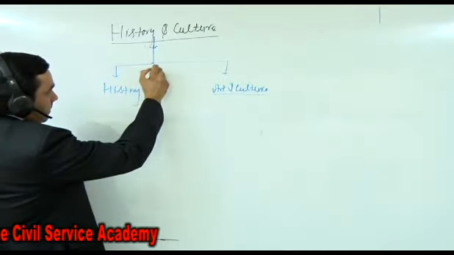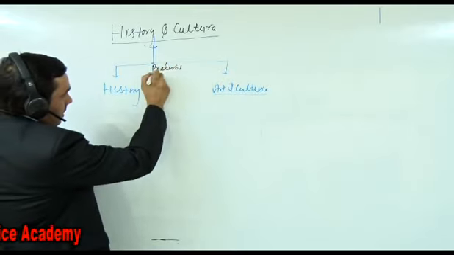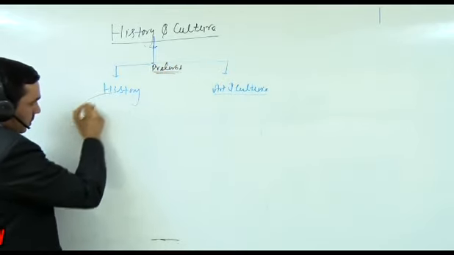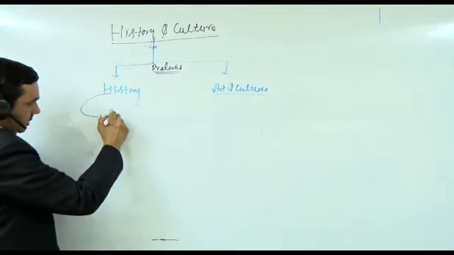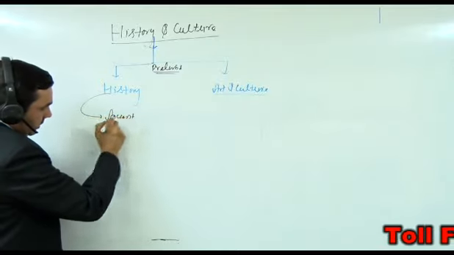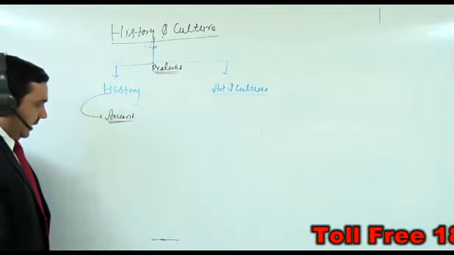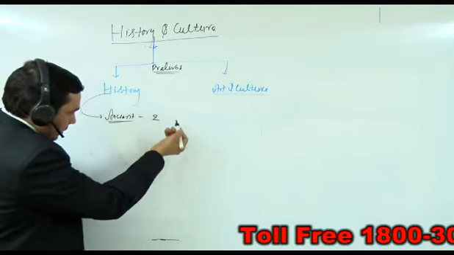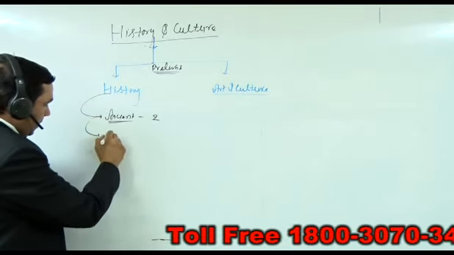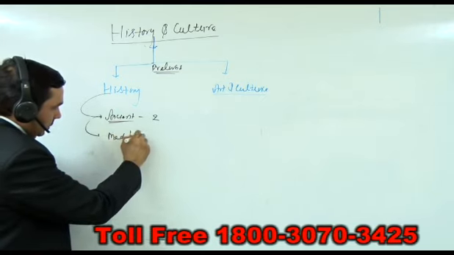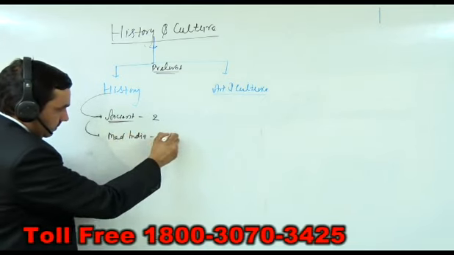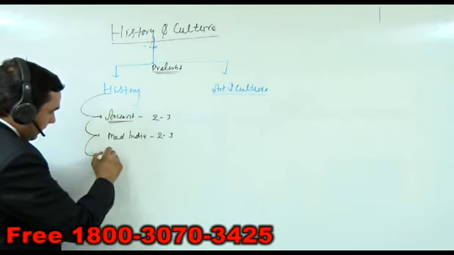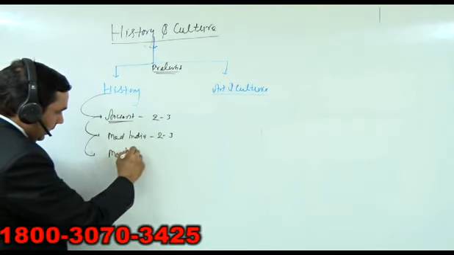For prelims exam, we will have some questions. Let's say out of the questions around 11 that we asked last time, around 2-3 questions from ancient, around 2-3 questions from medieval, and the remaining questions are from modern Indian history.